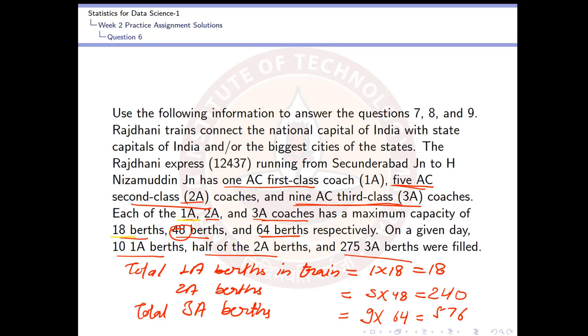In the question it is given that on a given day 10 1A berths, half of the 2A berths and 275 3A berths were filled. So total will be 10 plus half of the 2A berths. You have total 240 2A berths, so half will be your 120 berths, and 275 3A berths were filled. So total will be your 275 plus 120 plus 10.